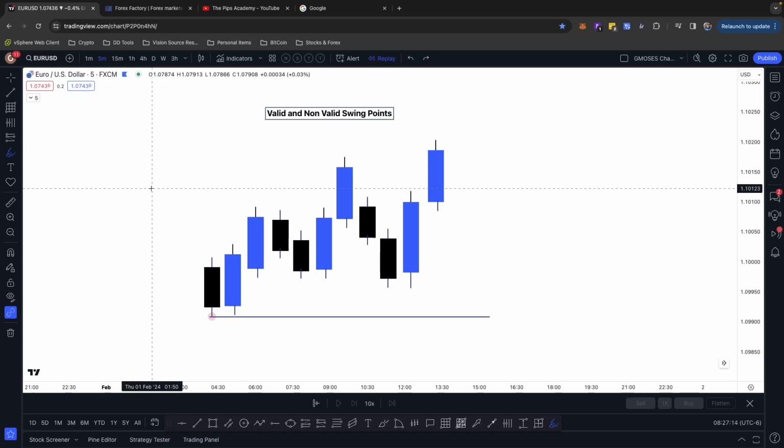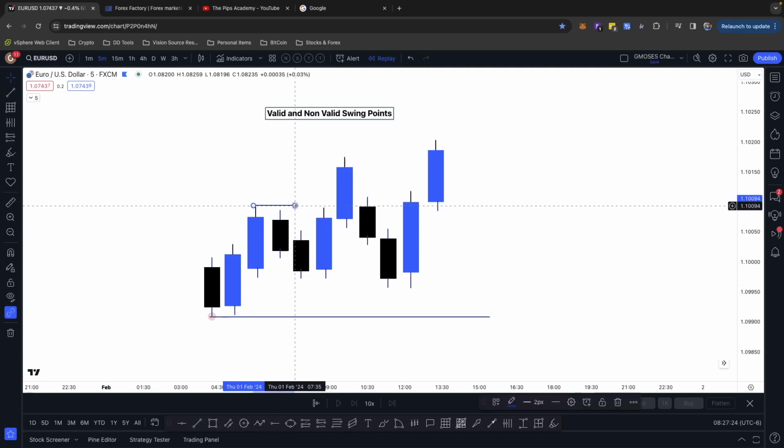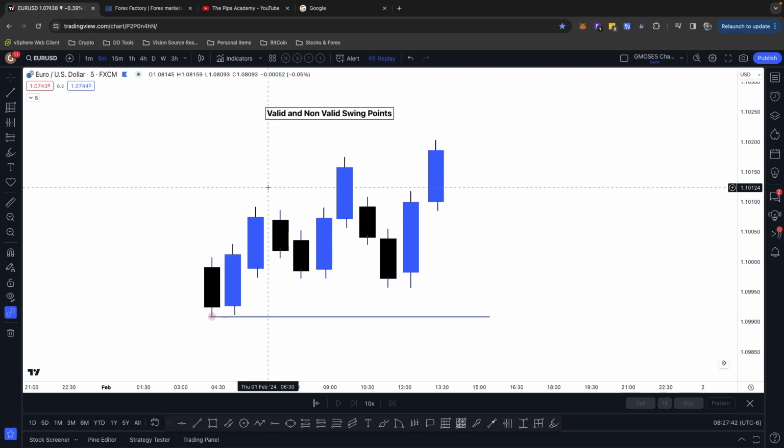However, it must pull outside of the previous candle's range. So if we look at this blue candle, this is the range of this candle. You have 2 candles, however, they never pulled outside the range of this candle here. So this is not a valid swing pullback.